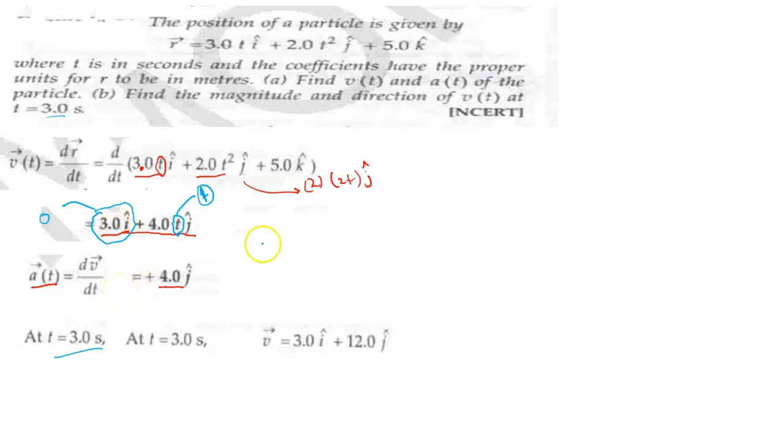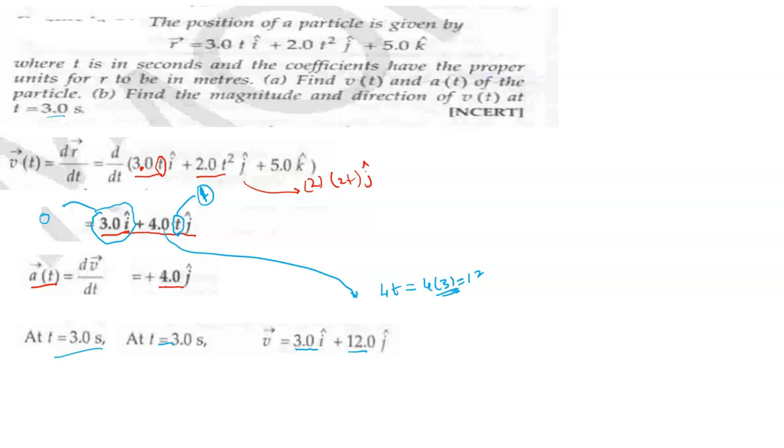Here we get 4 times 3, which is 12, because of the 4t part. So substituting 3 seconds, we get the velocity at 3 seconds as 3 i plus 12 j.